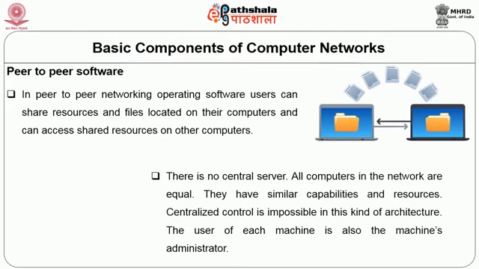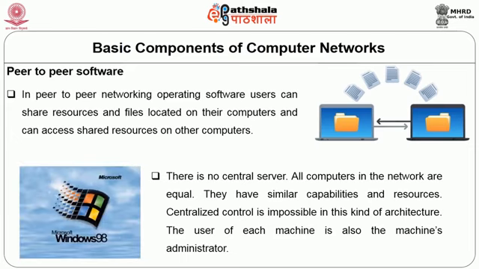They have similar capabilities and resources. Centralized control is impossible in this kind of architecture. The user of each machine is also the machine's administrator. An example of peer-to-peer network software is the Windows 98 environment. Work groups are used for this type of organization.